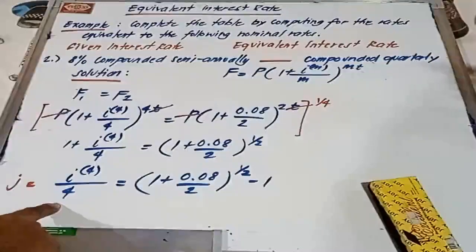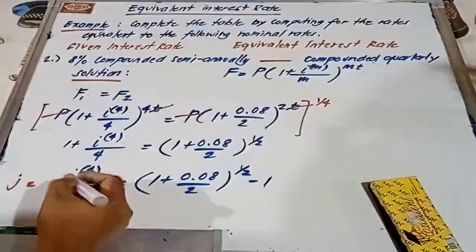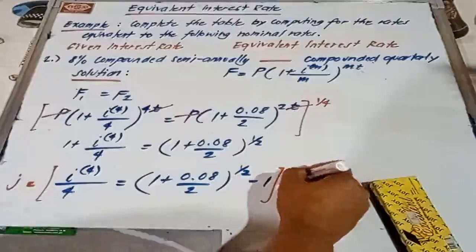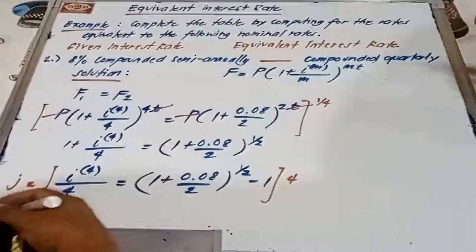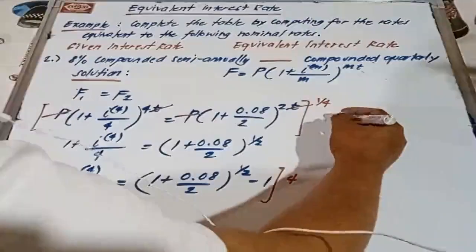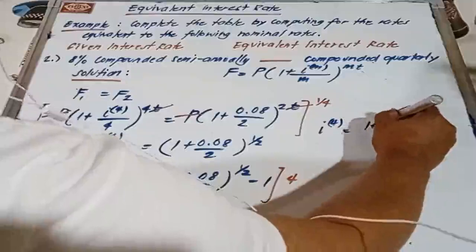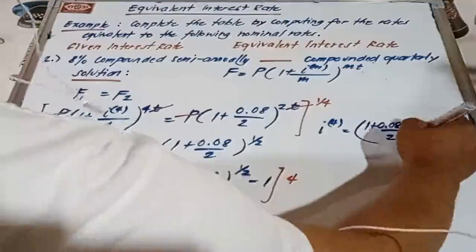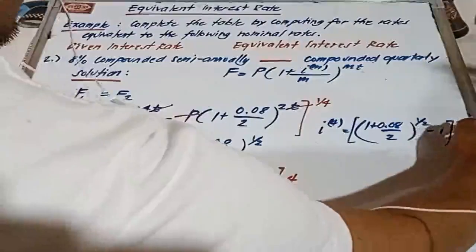So I'm going to multiply both sides by 4 para matanggal yung 4 dun sa left side of the equation. So matitira na lang is I equals 1 plus 0.08 over 2 raised to 1/2 minus 1, times 4.